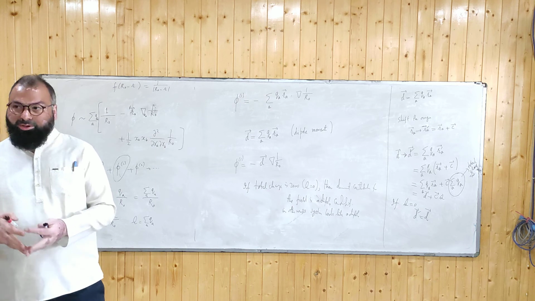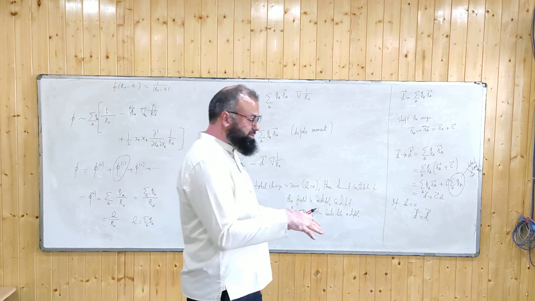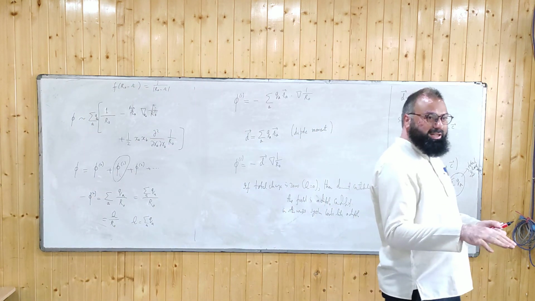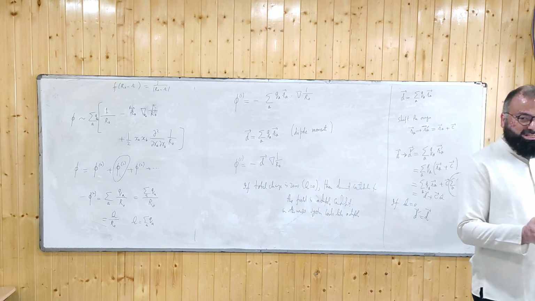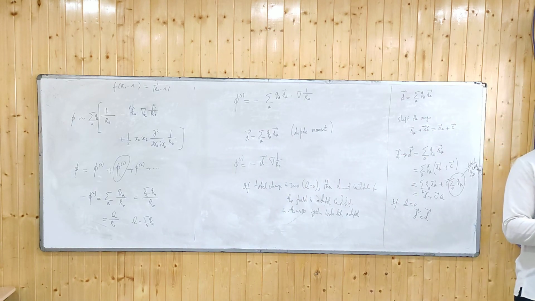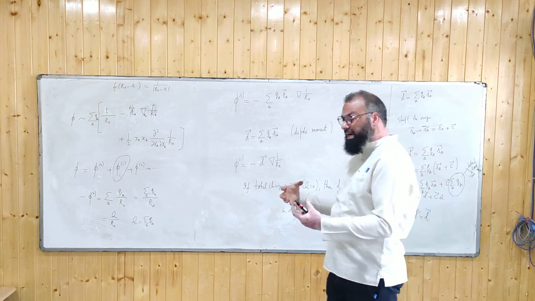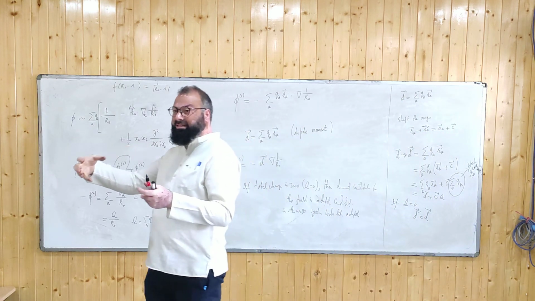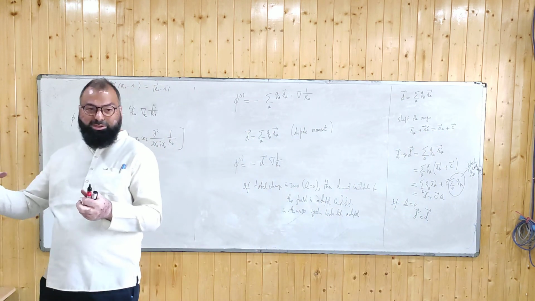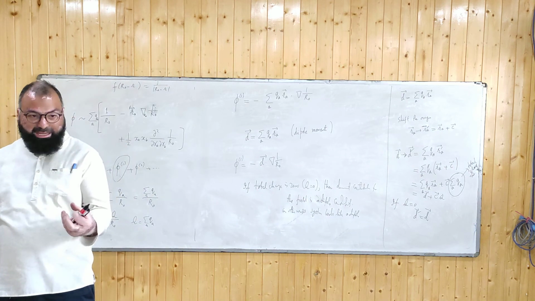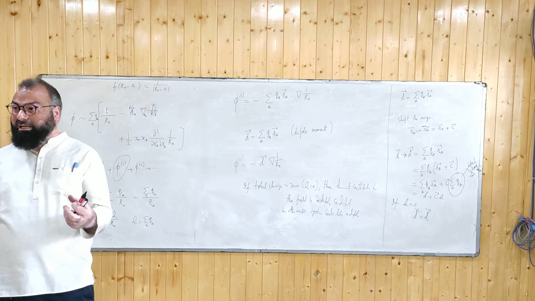In your elementary class, when you calculate the electric field due to a dipole, the total charge in that dipole is 0, is it? So that's why you don't bother about the origin or how you choose the coordinate system. You choose any axis somewhere and calculate the field. Now if the total charge is not 0, say you have a larger positive charge and a smaller negative charge, it is still a dipole, clear?